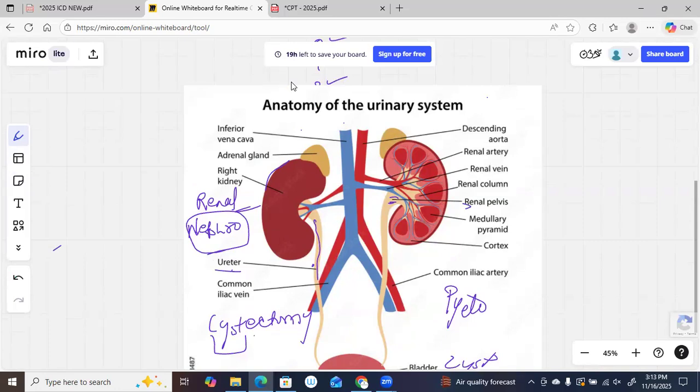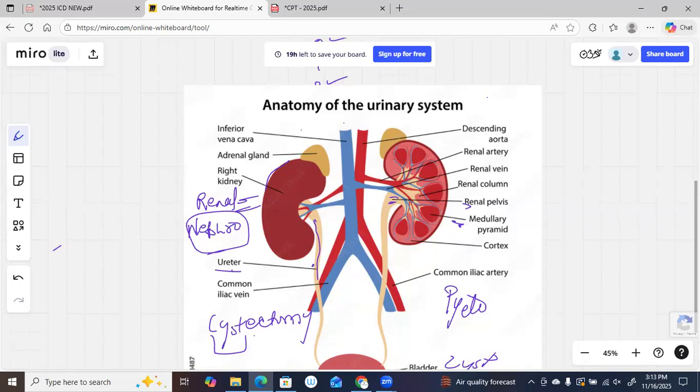The first part of the urinary system is the kidney. Kidneys are bean-shaped organs, about the size of your fist. They are located near the middle of the back, below the rib cage. We have two kidneys, left and right.